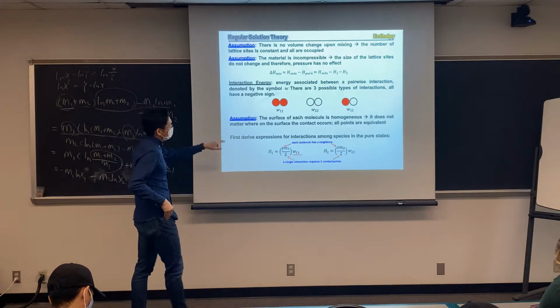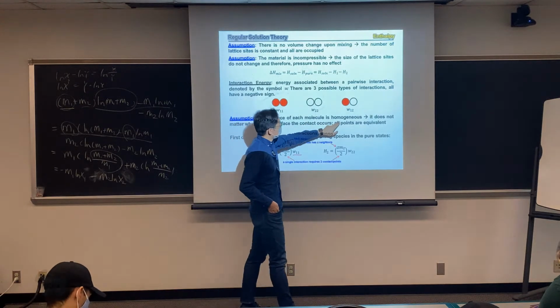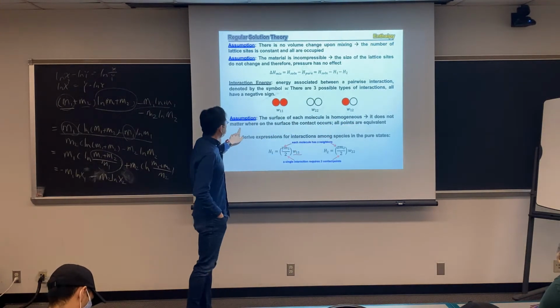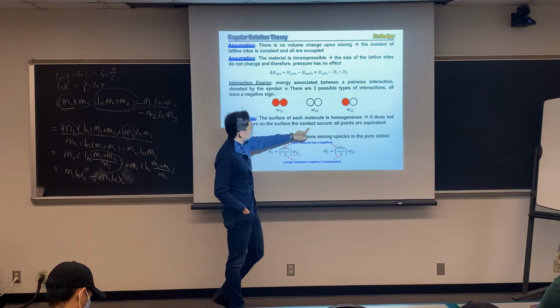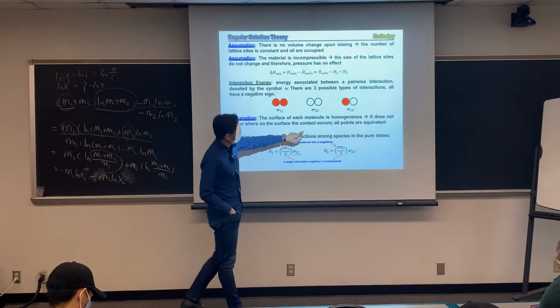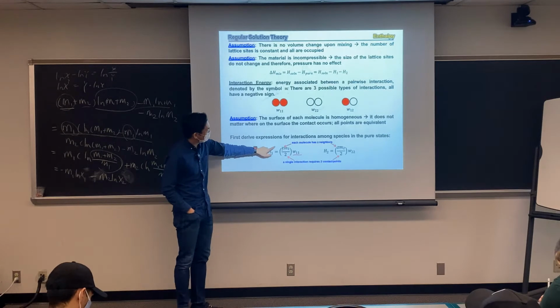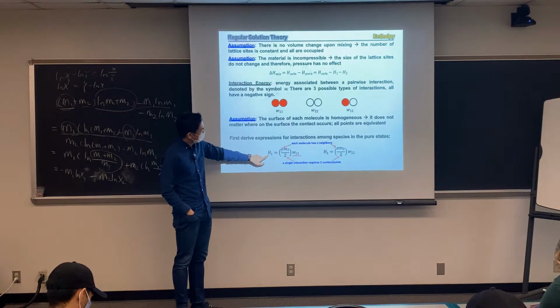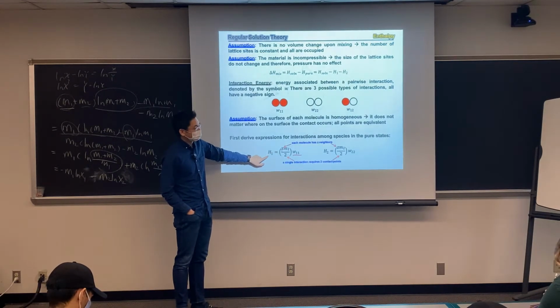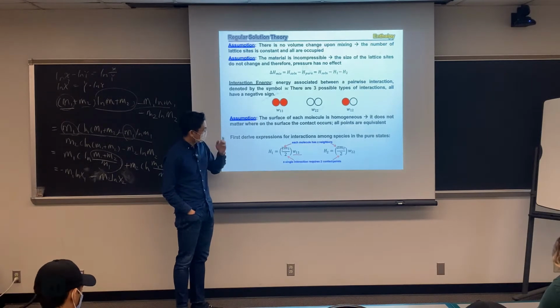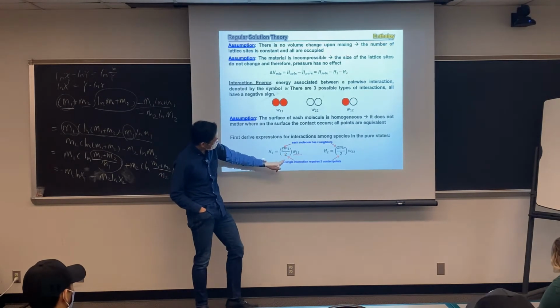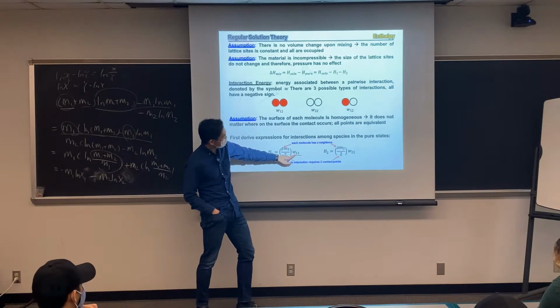The last one: the surface of the molecule is homogeneous. It does not matter where on the surface the contact is, all points are equal. This basically allows you to generalize the interaction term for two molecules within the liquid. Okay, let's define a few things. First, what is W11?